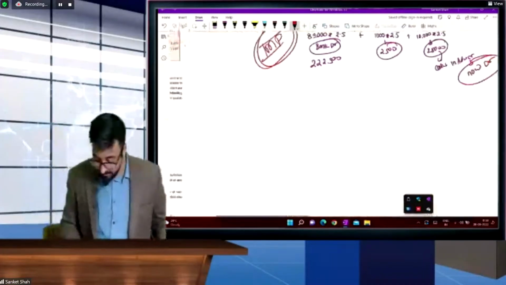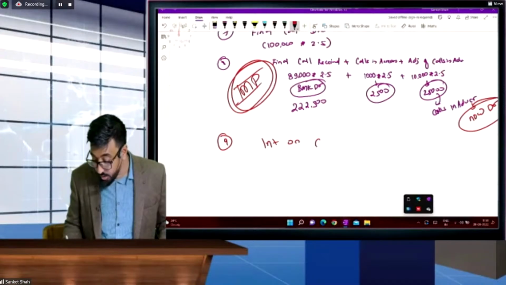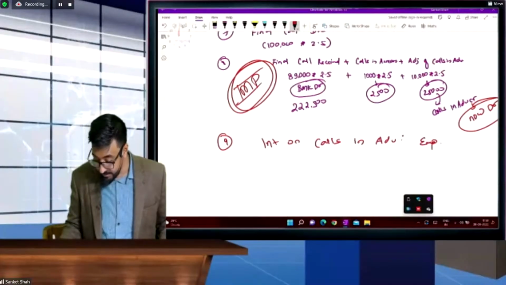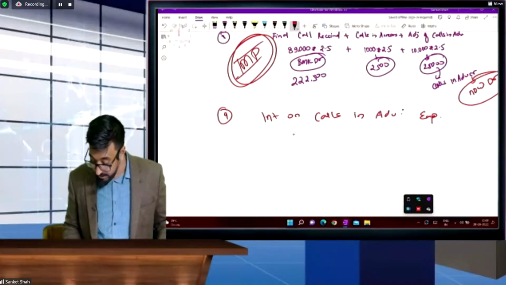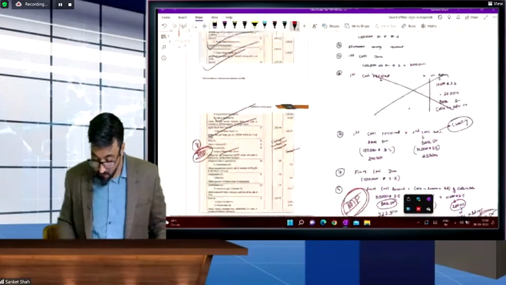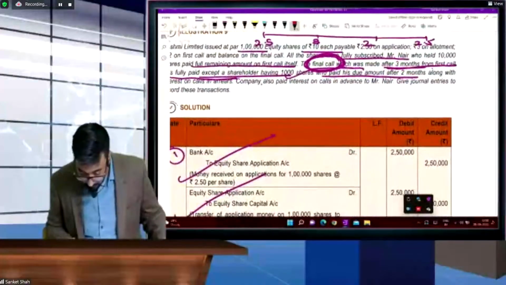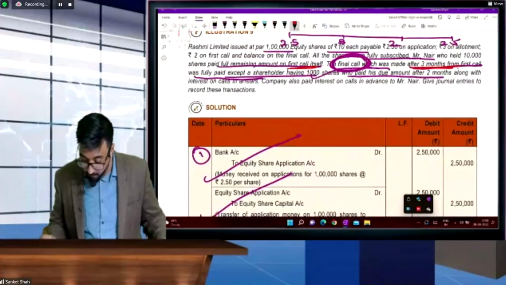9th entry. Now interest on calls in advance. Red pen entry only. Expenses. How many expenses, beta? Advance is 25,000. Here you can check for how many months. First call was made after 3 months from first call.